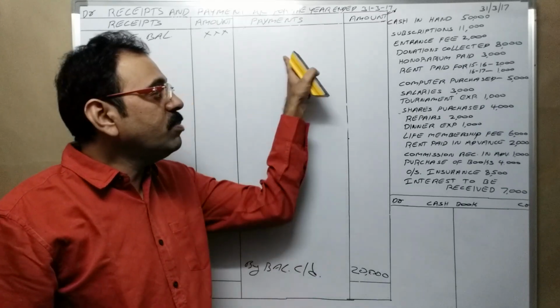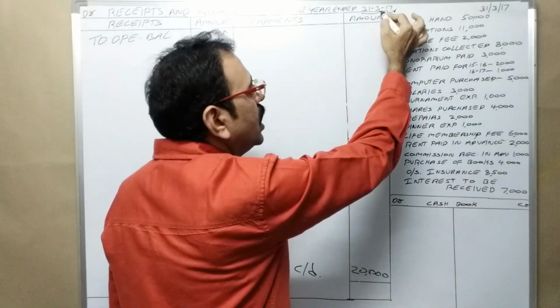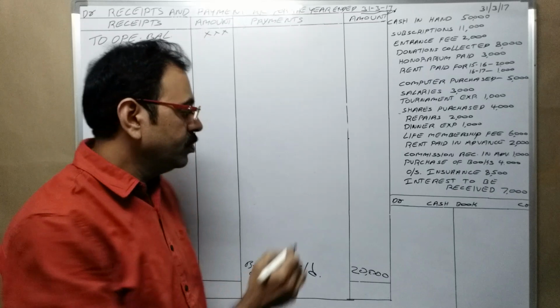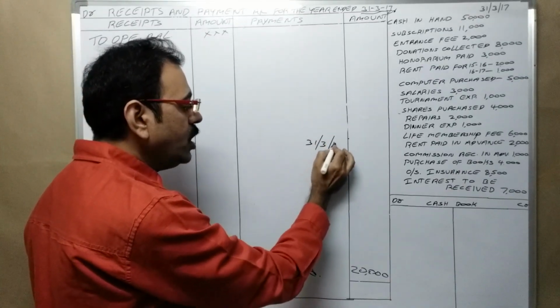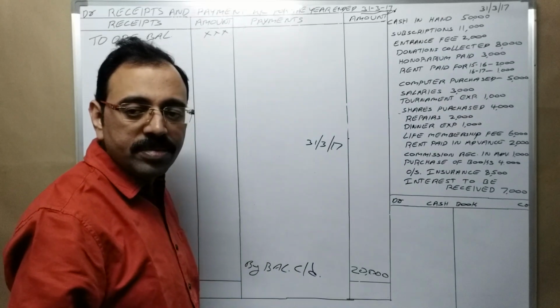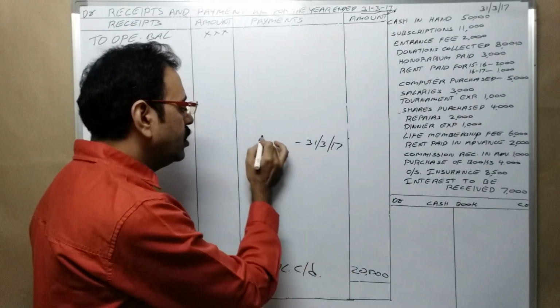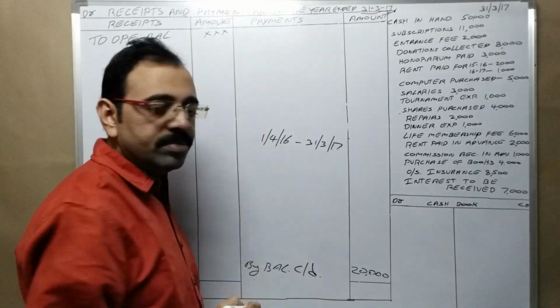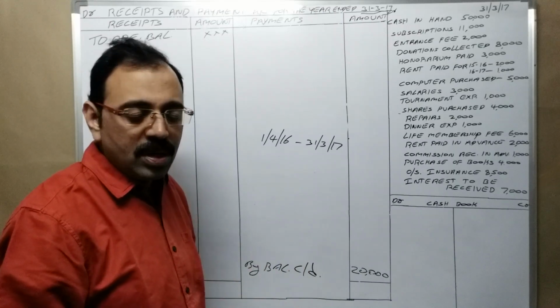So receipts and payments account is prepared on 31st March 17, assume. So closing date is 31st March 17. Then what will be the starting date? 1st April 16. So here the accounting period is financial year.